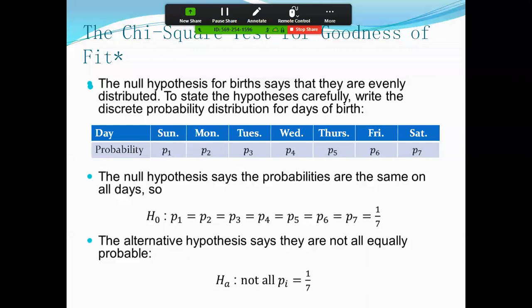So H naught is that p1 equals p2 equals p3 equals p4, p5, p6, p7. Everything's the same, which is 1/7. So you have a 1 in 7 chance of having your baby on a Monday or a Tuesday. Equally likely. The alternative hypothesis states that not all pi equal 1/7.